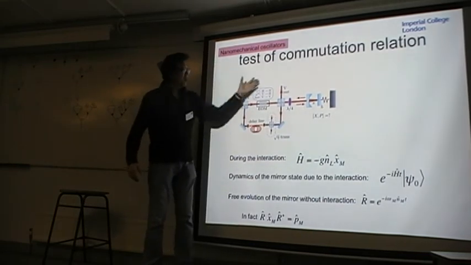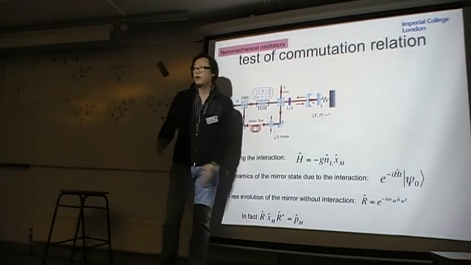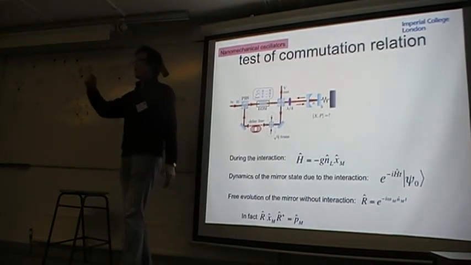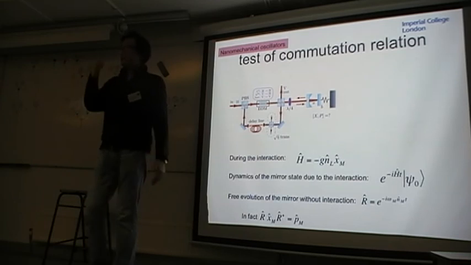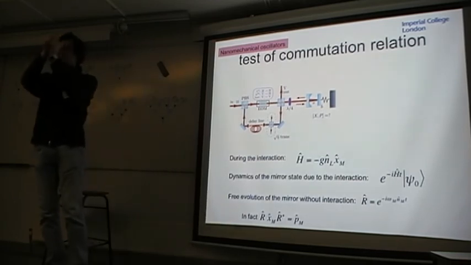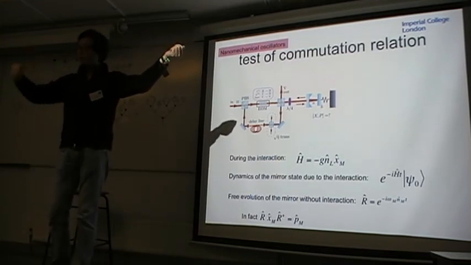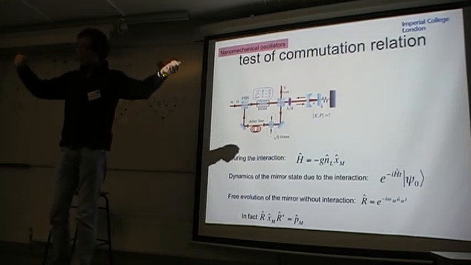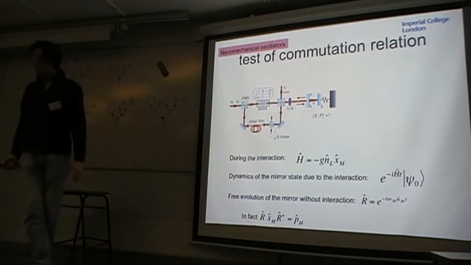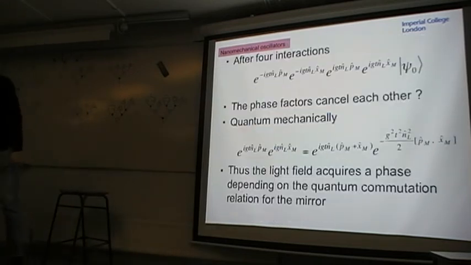In between, while the nanomechanical oscillator is waiting for the next interaction, it freely evolves. Okay, so that's the situation. It interacts, and it moves out, and freely evolves. Next one comes in, interacts, and freely evolves, interacts 4 times.